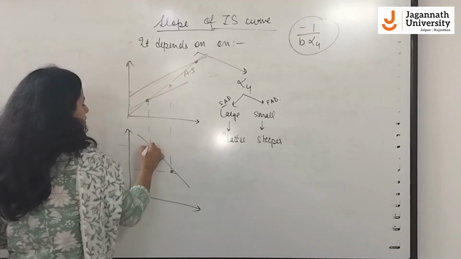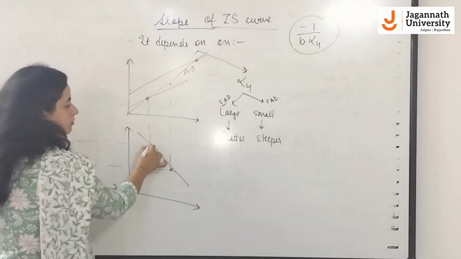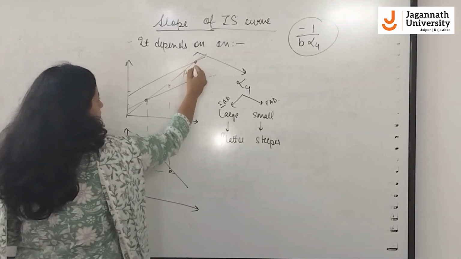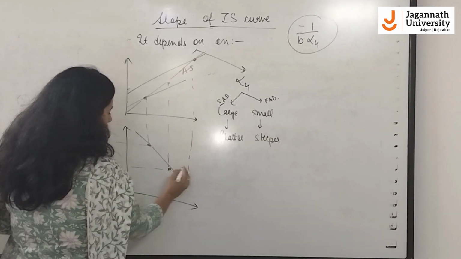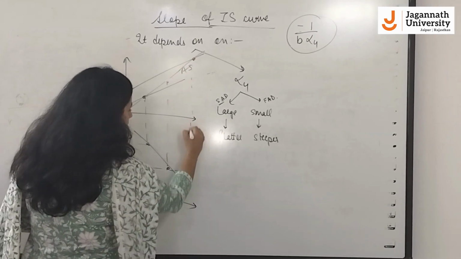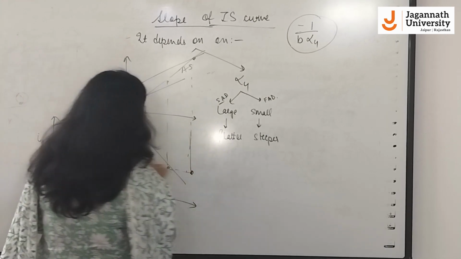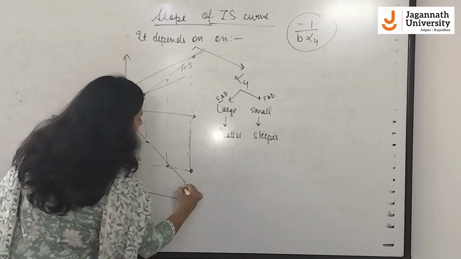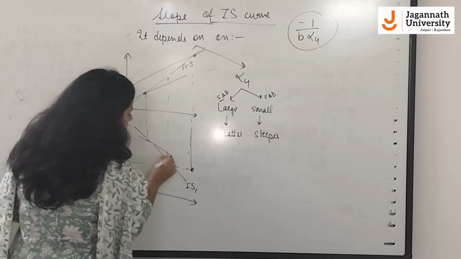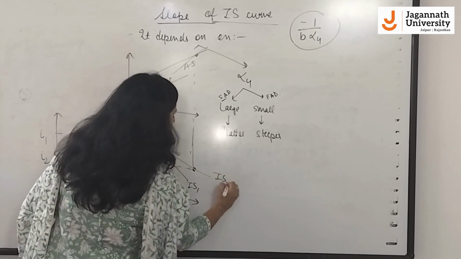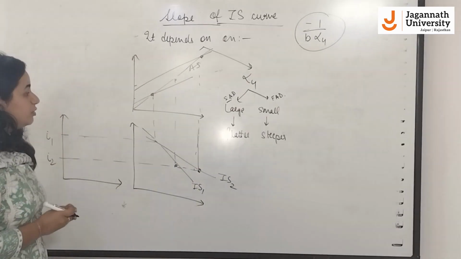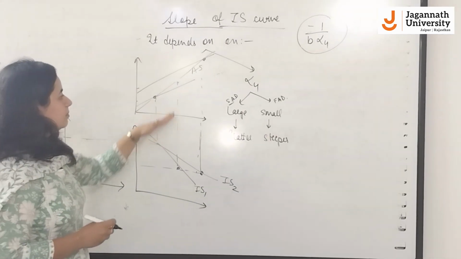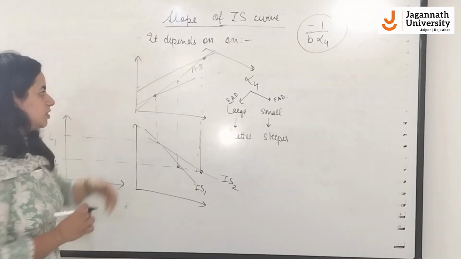The first point of intersection I have deliberately kept the same for your understanding. Now I have to bring the next point parallel to this. This is the point that I am getting. If I join these two points, this was IS1, and if I join these two points, this is IS2.